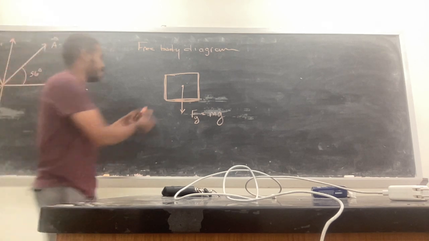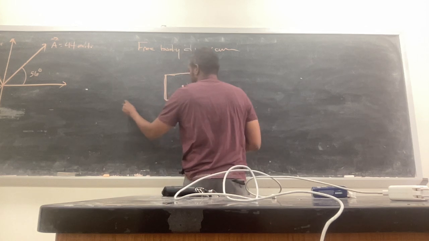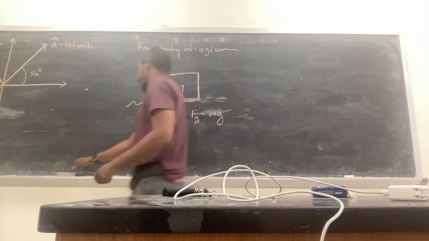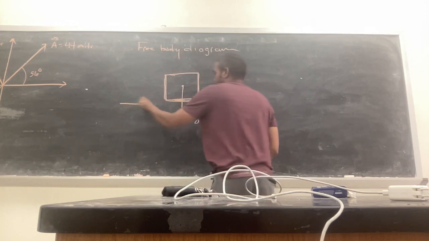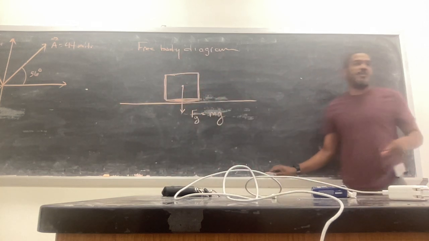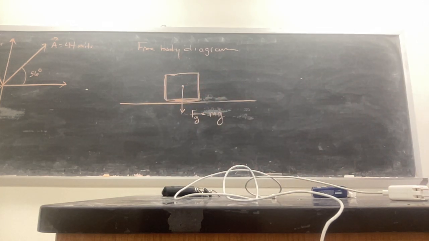And remember, this box is sitting on a surface. Right now we're gonna draw it flat because we're gonna assume we're not moving, right? Even though friction is a thing that acts upon things that are sitting still, right?